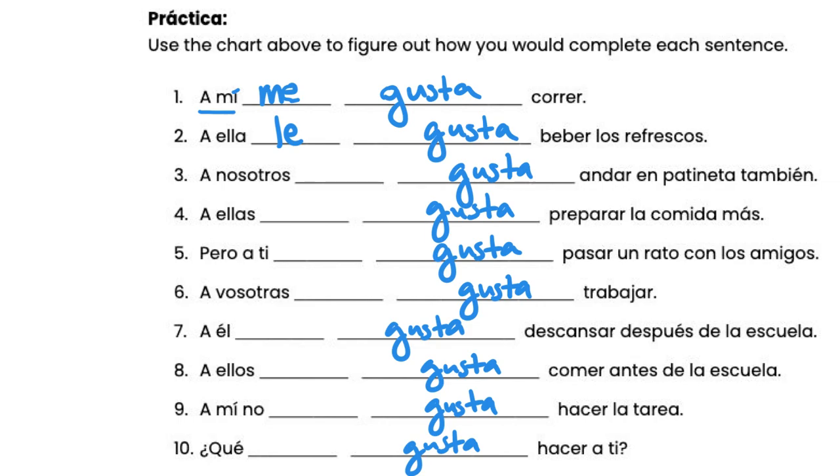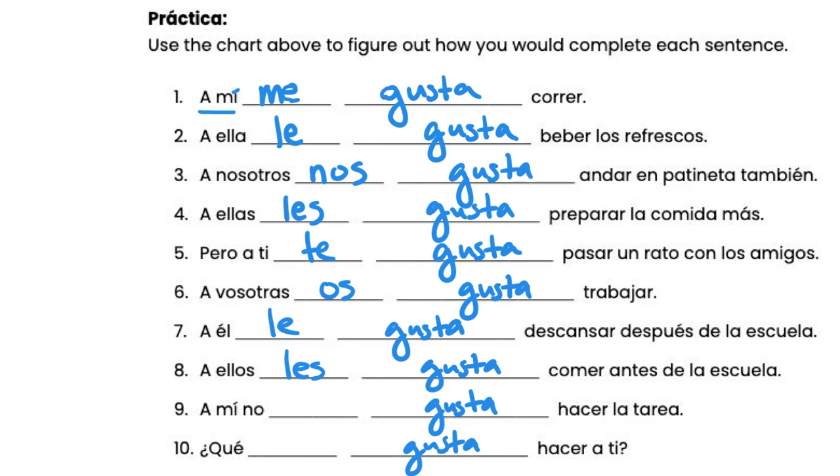So a nosotros nos gusta. A ellas les gusta. A ti te gusta. A vosotras os gusta. A él le gusta. A ellos les gusta.